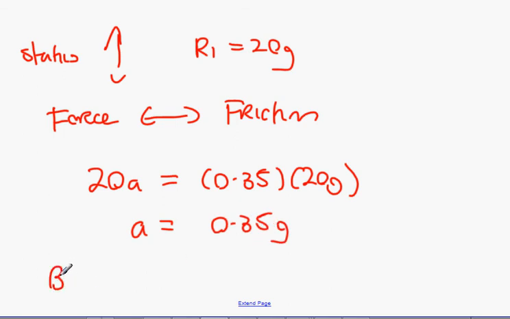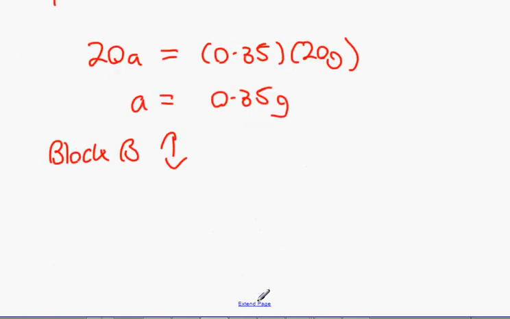Now, block B. Going up and down, R2, which is going up, equals R1 going down, plus its own weight of 35G.